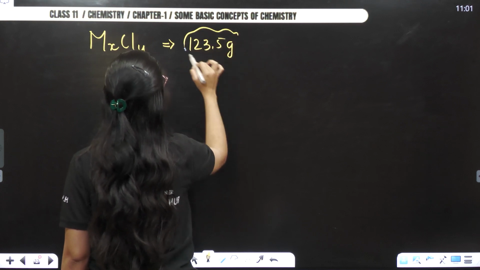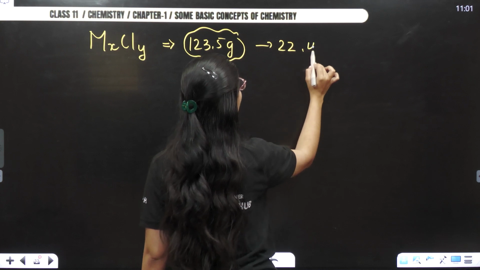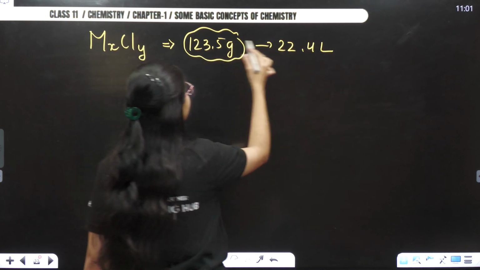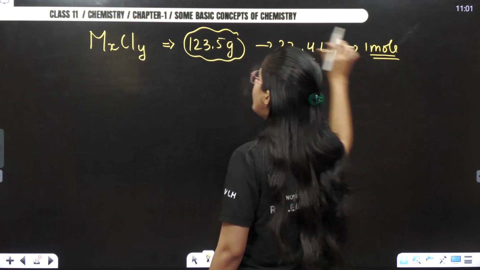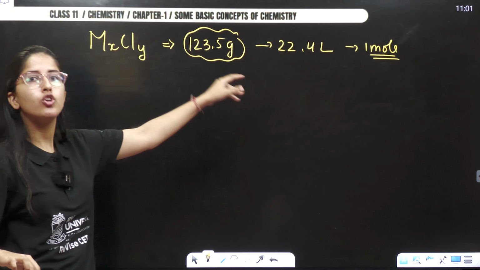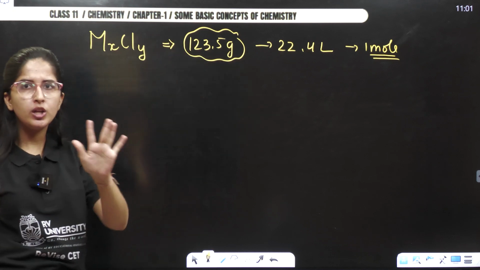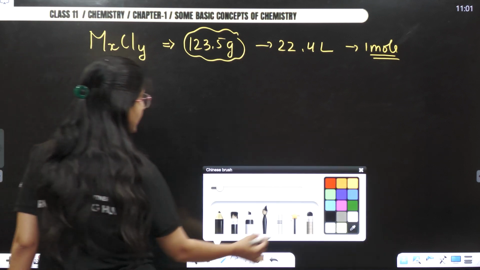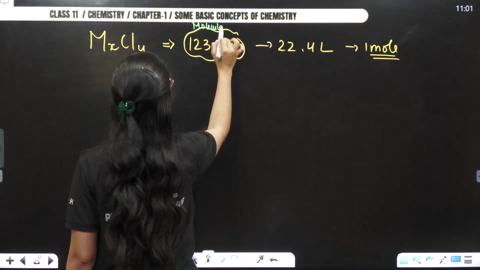And this 123.5 grams is occupying 22.4 liters of volume, so it corresponds to 1 mole. As 1 mole of MxCly will occupy 22.4 liters of volume and its mass is 123.5, it is nothing but the molecular mass.